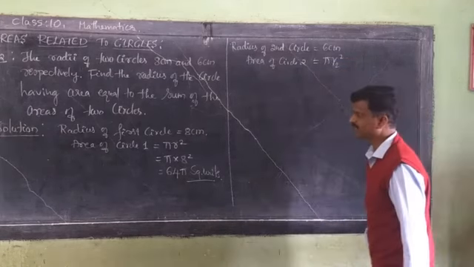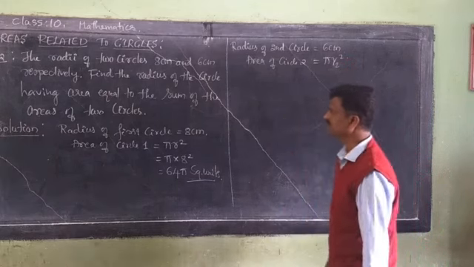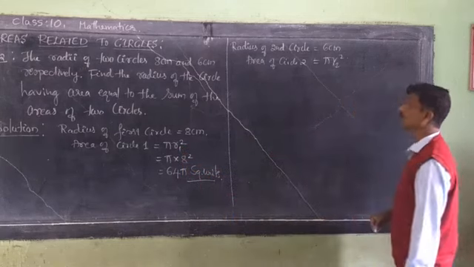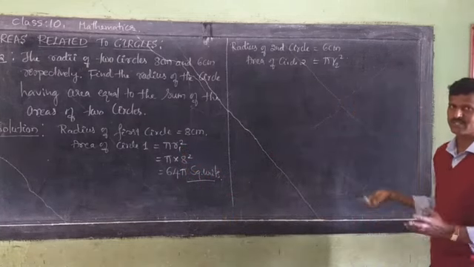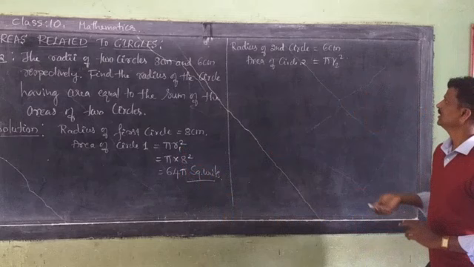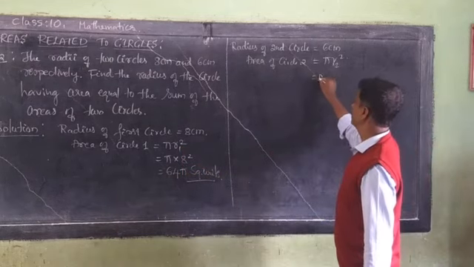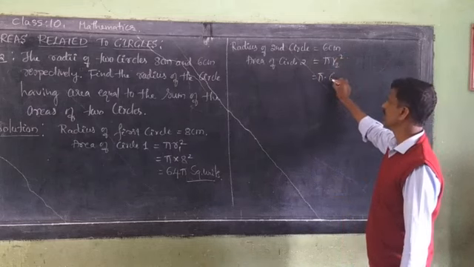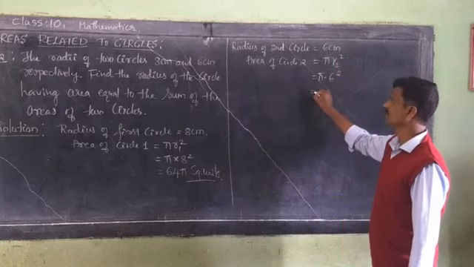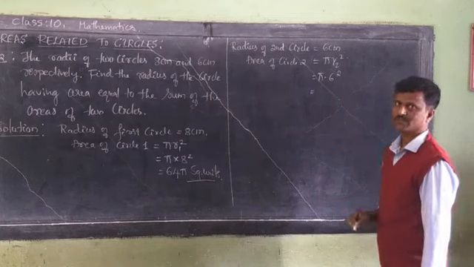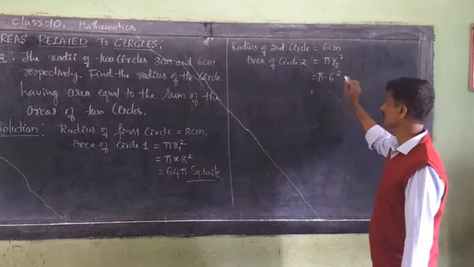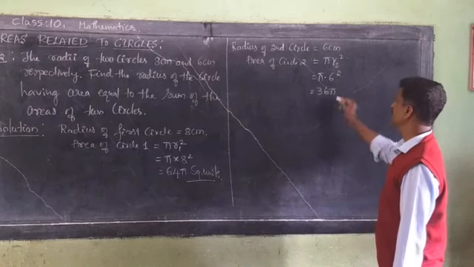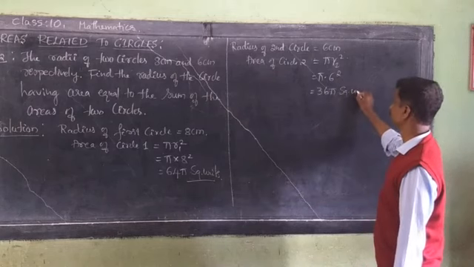R1 means radius of the first circle, R2 means radius of the second circle. That is pi into R2, which is 6 square. What is the square of 6? That is 36. So 36 pi square units.